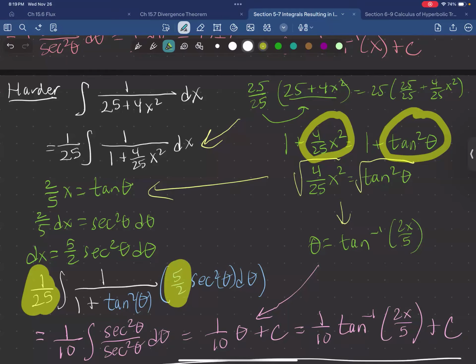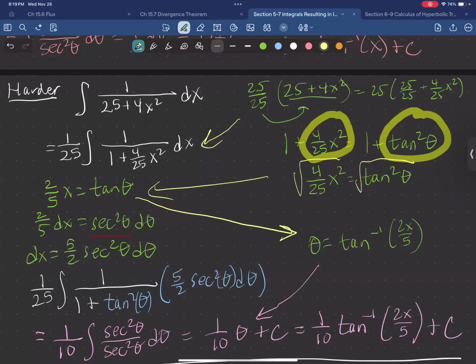You get 5/50, which is 1/10. So I got a 1/10 outside. The secant squareds cancel. I just got 1/10 the integral of d theta, which is 1/10 theta plus c. I wrote it like this, but it's really more coming from that. Theta equals tangent inverse of 2x over 5.